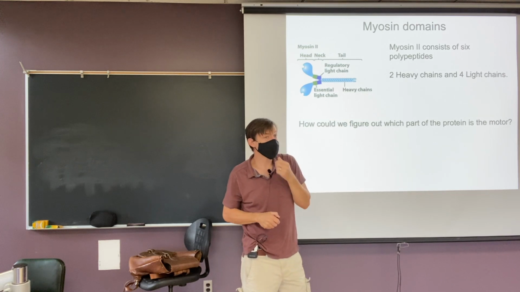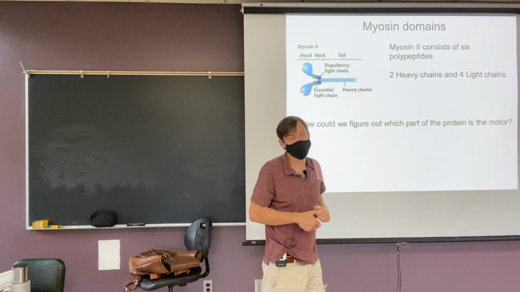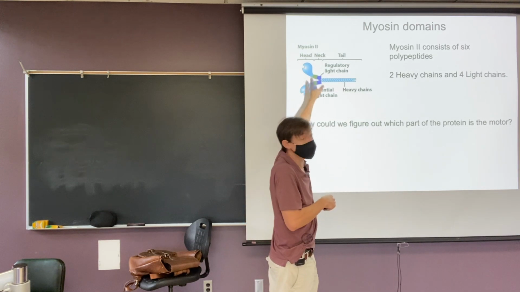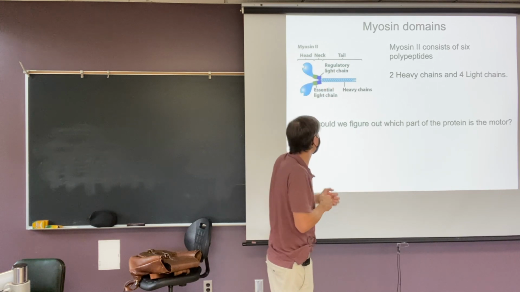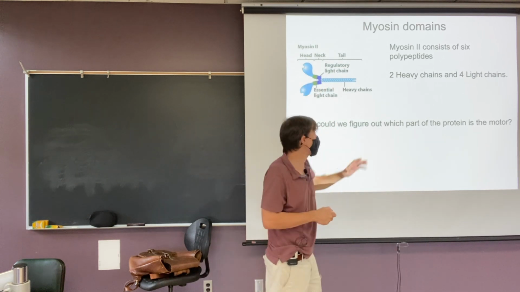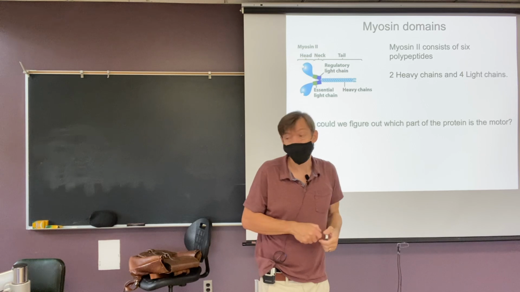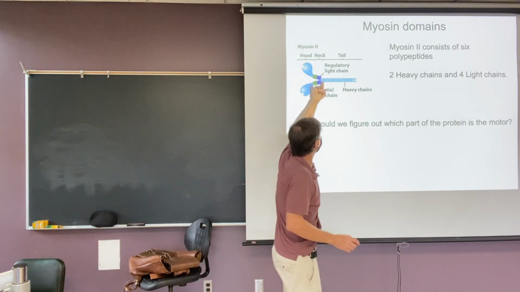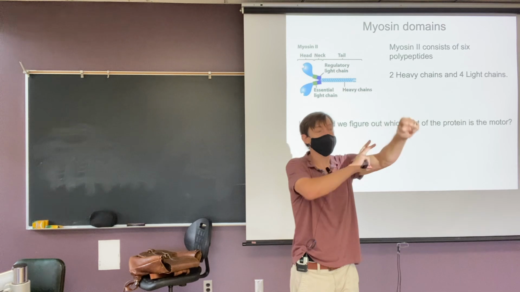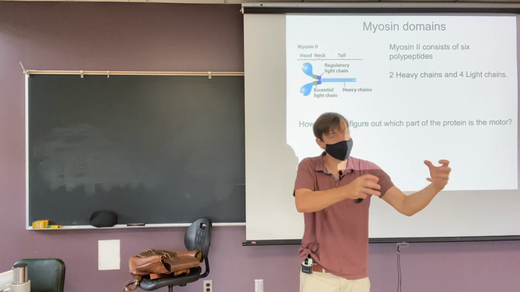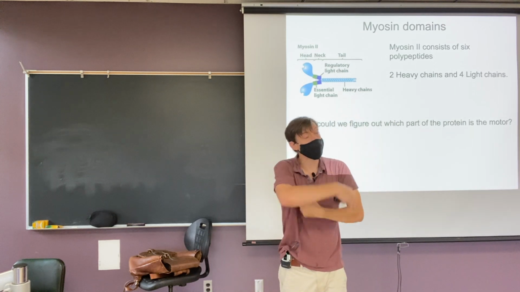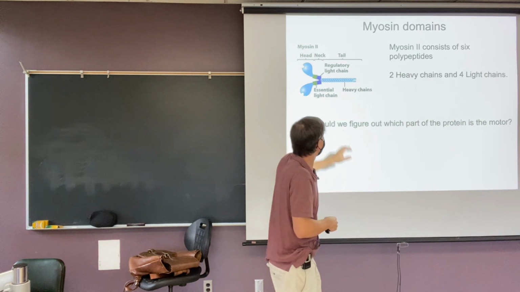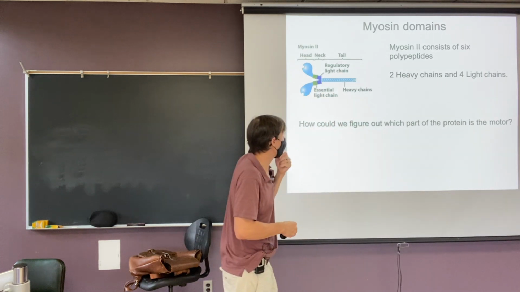There's a regulatory light chain, and there are certain drugs that can target the regulatory light chain. And then there are also essential light chains. One of the major things that these light chains do is bind this neck domain, and they help stabilize it. For motors to generate forces, things need to be stabilized, and these light chains are important for that.